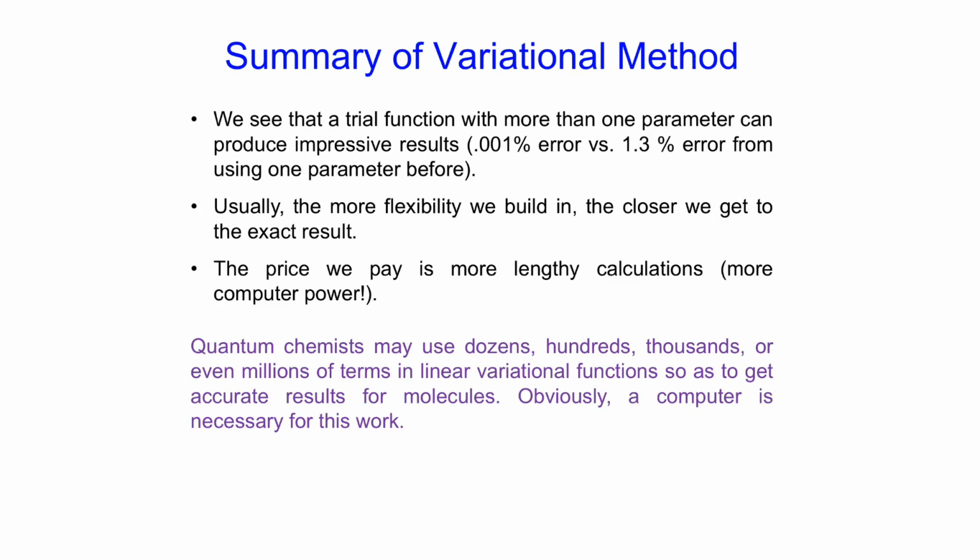Okay, so quantum chemists, if you choose that as your profession down the road, use dozens, hundreds, thousands, millions of terms in these linear variational functions to get as accurate results as possible. Obviously at that point, a computer is necessary for this work.